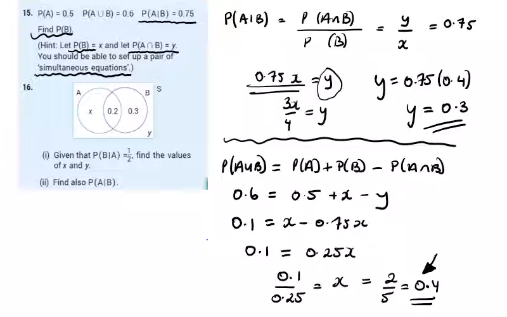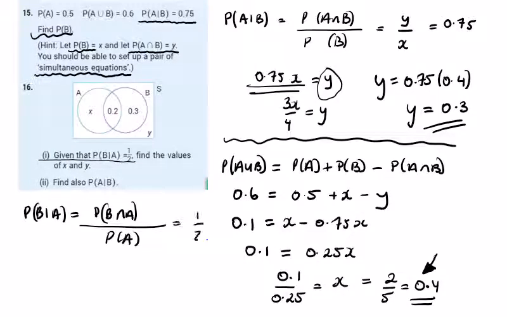Question 16, okay, we're given the diagram, given that the probability of B given A is a half. B given A is equal to the probability of B intersection A, sorry, in the middle that's an intersection, over the probability of A, that has to be equal to a half.